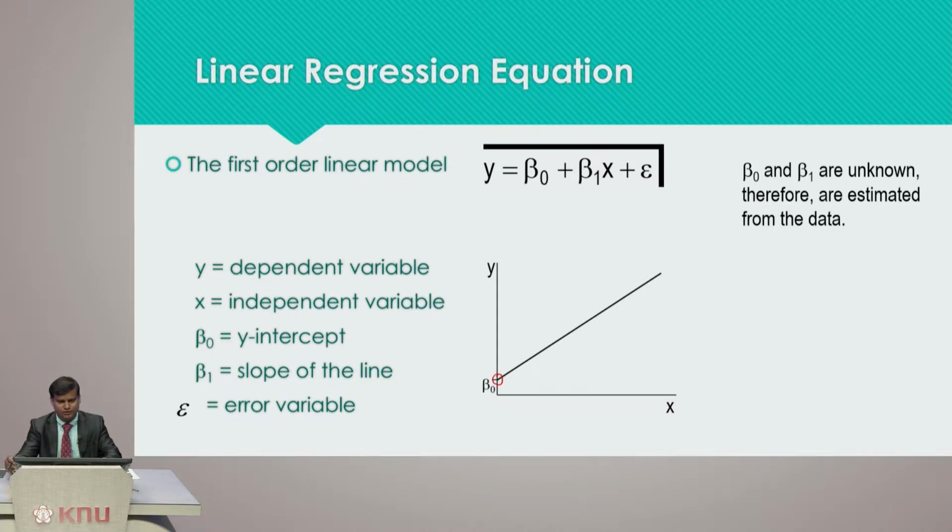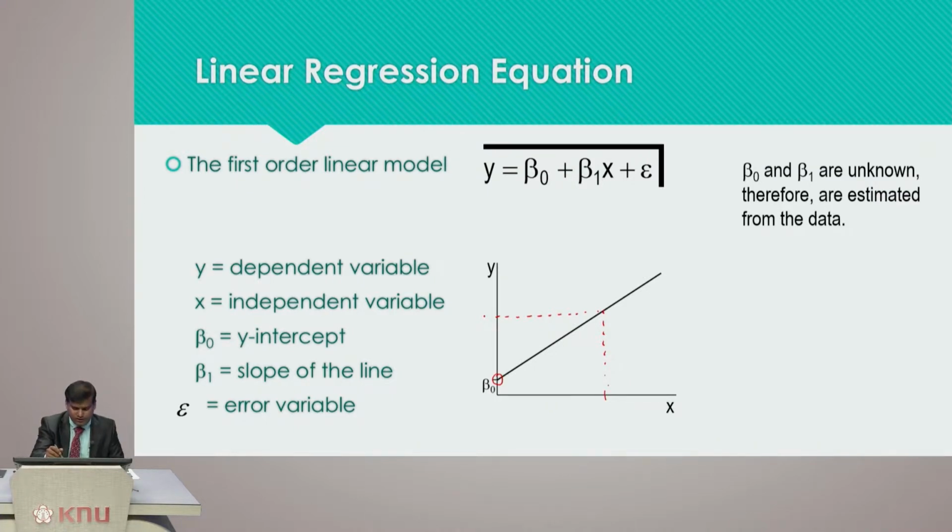We will come to this part soon. Beta 1 is the slope of the line, x is the independent variable, and y is the dependent variable. Consider, for example, that you have a value of x here, and correspondingly you can look at its value for y as well.